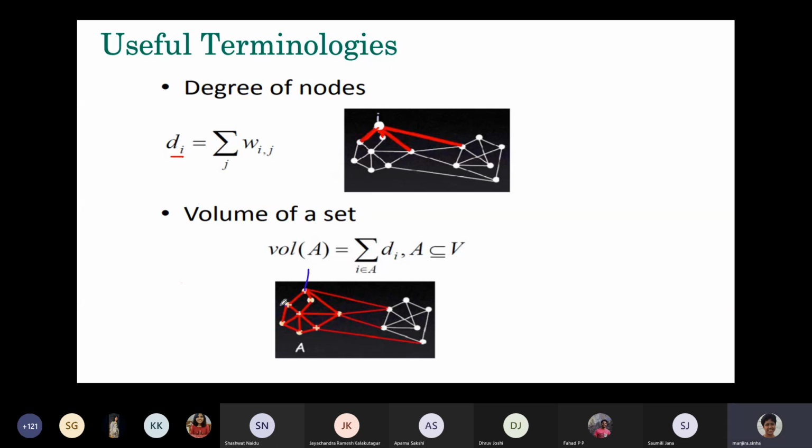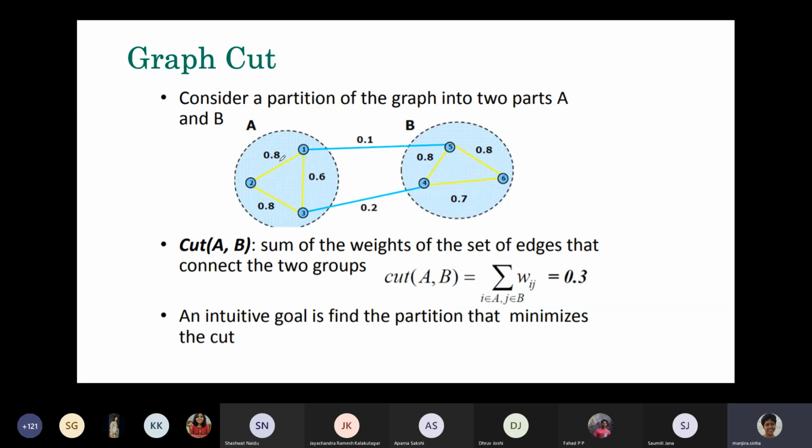Now let's take this node. When we are calculating di of this node, we are again taking this edge, right? So all the edges in this connected component are actually getting calculated twice if we are adding up all those di's, because di is itself the sum of all the edge weights. That's why we have taken this 0.8 plus 0.8 plus 0.6 two times. What is the degree of node 1?